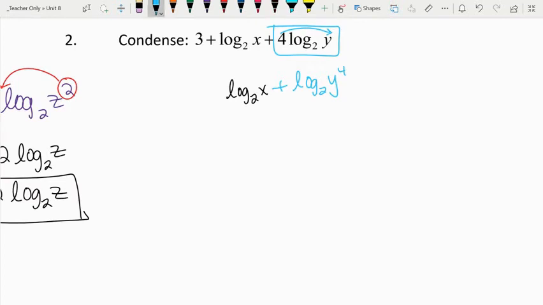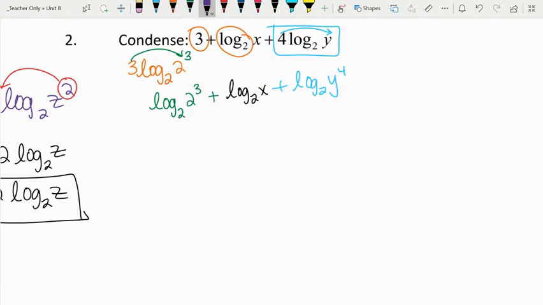And now we're thinking about this first term, right? In order to just get a number, we need our log base 2 to cancel. So that means we need to have log base 2 of 2 added to the 3. Okay, now again, anything in front goes as an exponent. So we're really thinking about this as log base 2 of 2 cubed.